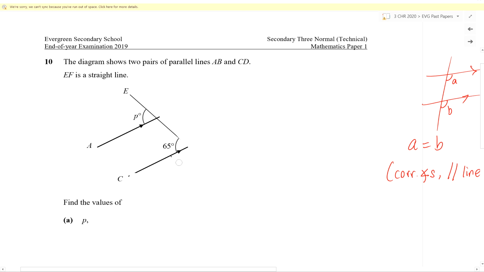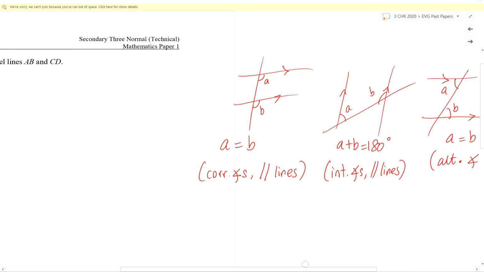The letter F, right? But it is upside down. Can you see the letter F? Yes. Okay, so this belongs to corresponding angles. A equals B.